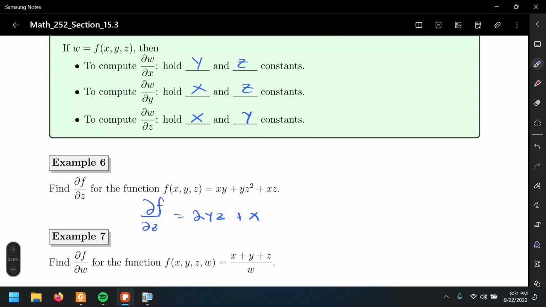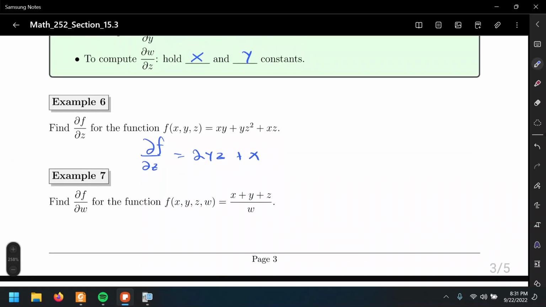Example number 7. Find the partial derivative of the function f with respect to w. We have f of x, y, z, w equals x plus y plus z divided by w. It would be convenient to rewrite the function as x plus y plus z times w to the negative 1. Well, x plus y plus z is just a multiple constant, because we want the derivative with respect to w.